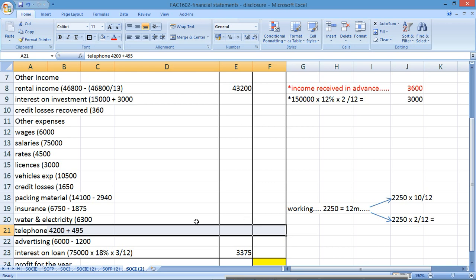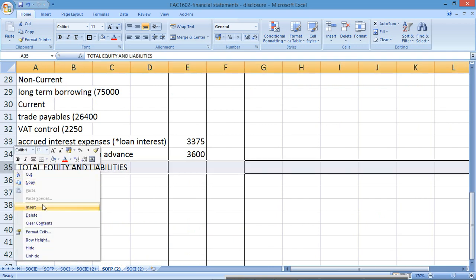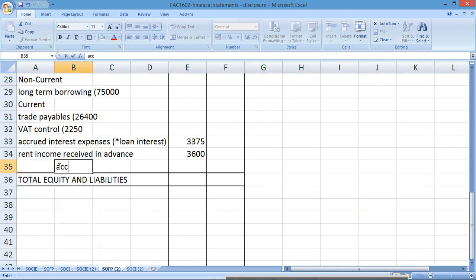It's an accrued telephone expense, which is a current liability. Good. So under current liability, accrued telephone expense. What is it? 495. Okay, here we go.